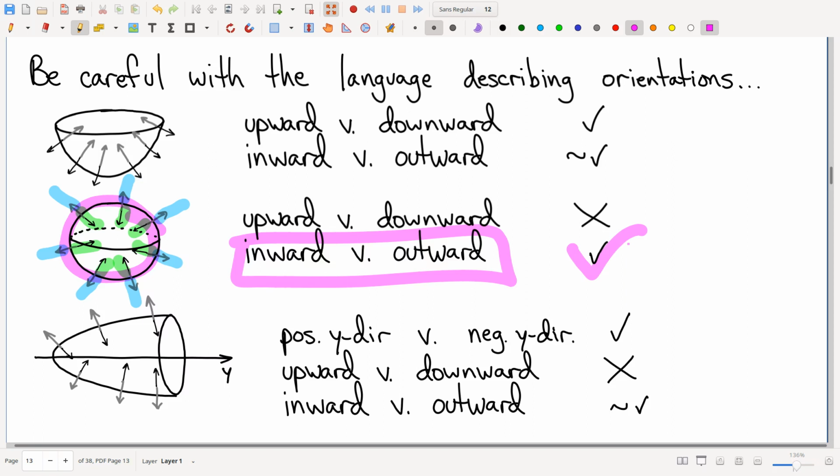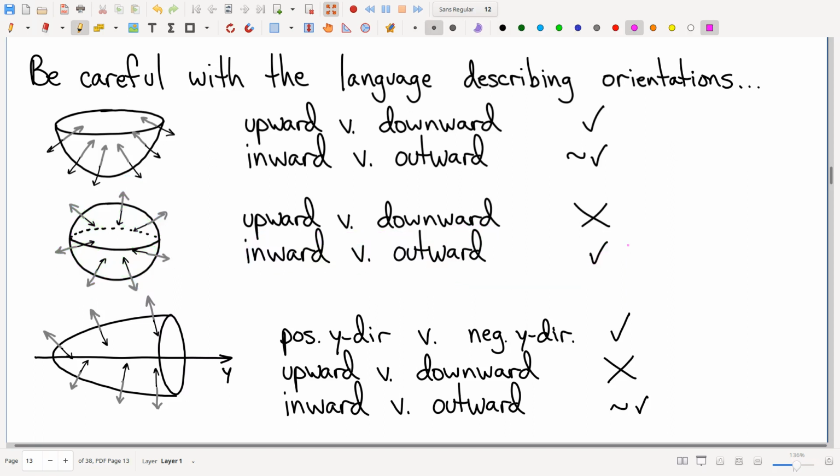All right, so you can look at the other examples that I have on here. Try to make sure to always think about the surface in question whose orientation you're discussing. Think about what the two options are. And make sure to choose your language on the basis of what will unambiguously distinguish between those two possible orientations. Okay, how are we doing? Is everybody all right with that?